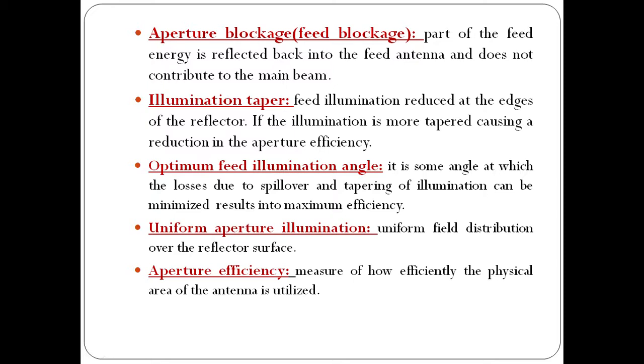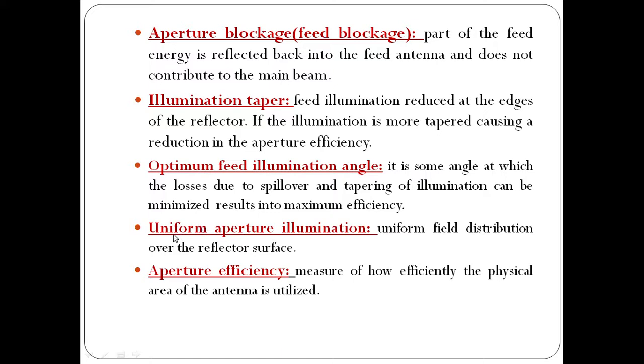That results in maximum efficiency. That is our aim. The performance of the reflector antenna is measured by the antenna aperture efficiency. If you maximize the efficiency, then the performance is good. Otherwise, it suffers from various types of losses.